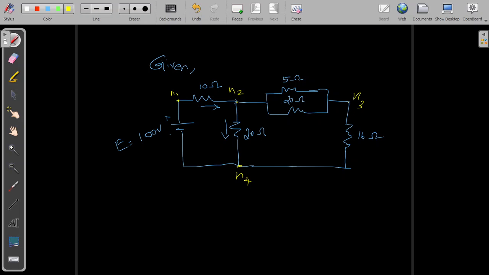Now while analyzing a circuit by nodal analysis, what we have said is that we ignore all the simple nodes.